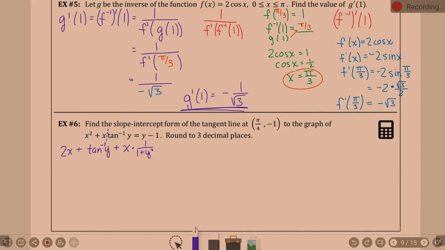So 1 over 1 plus y squared times, what's the derivative of y? We have to say times dy dx. Equals, derivative of y is dy dx, minus the derivative of 1, so that is minus 0.